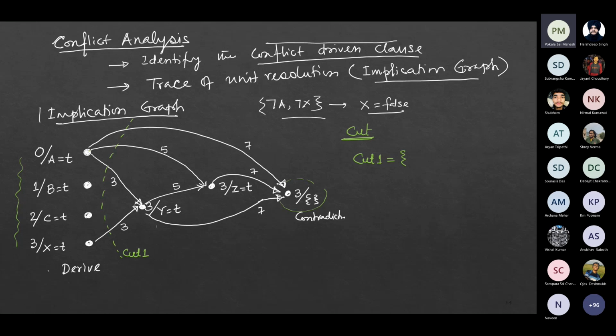So we'll be picking up those nodes which have at least one outgoing edge that crosses the cut, right? So you see this A equal to true, it has 3 outgoing edges that are crossing cut 1. So that means we'll be including A equal to true in our cut set 1.